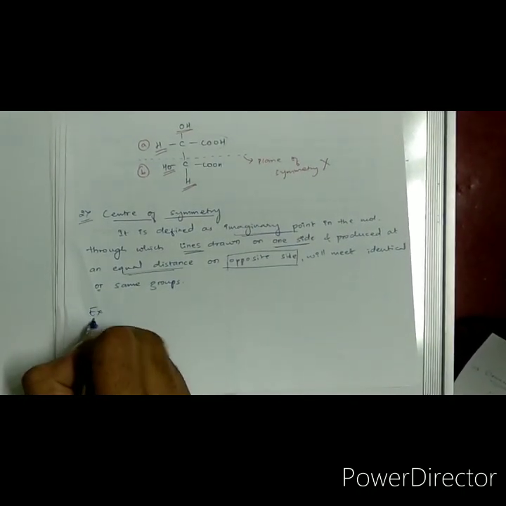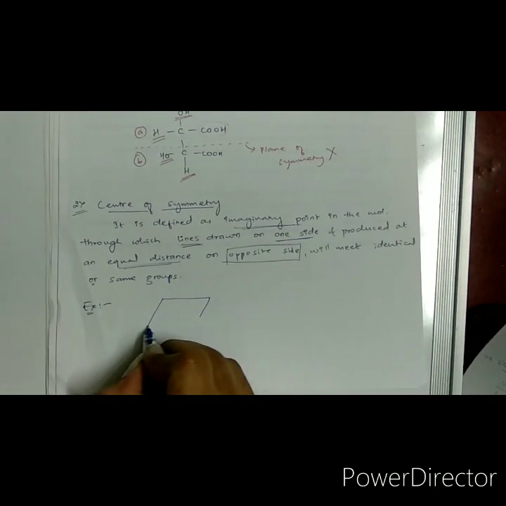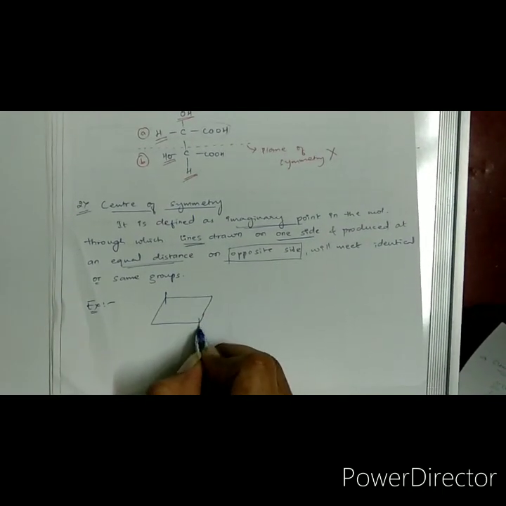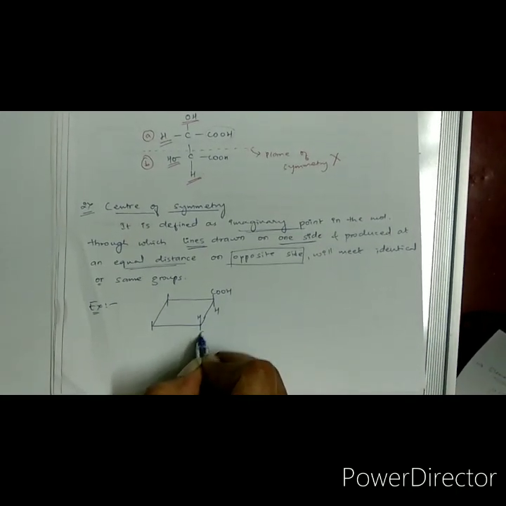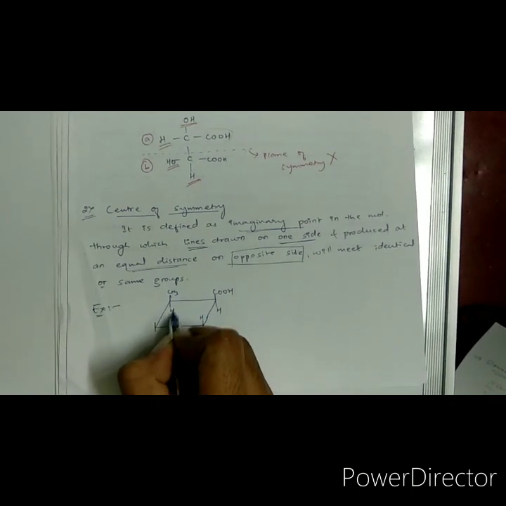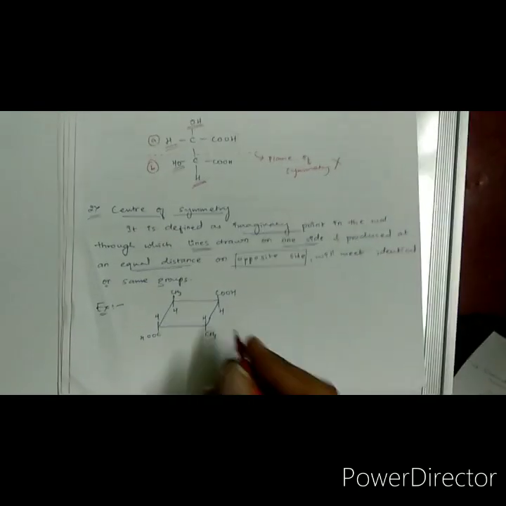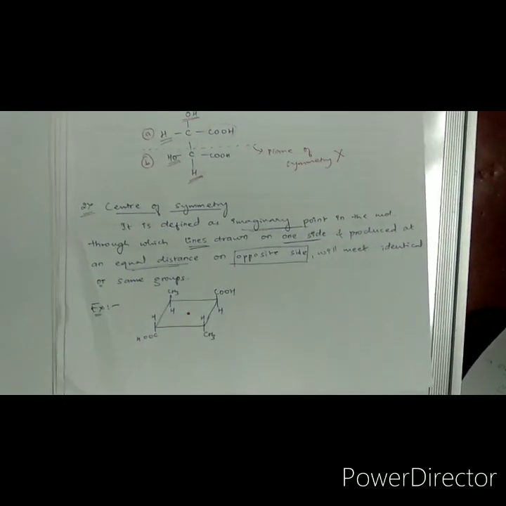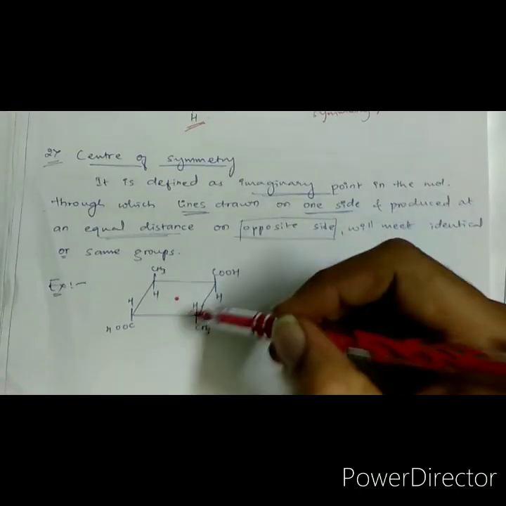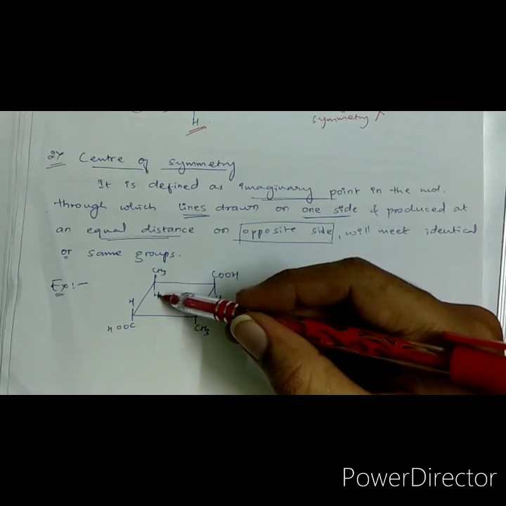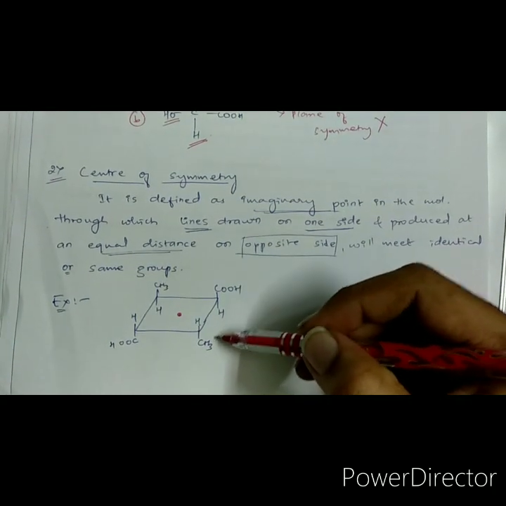So let us see an example of such a center of symmetry. This is cyclobutane, with H. If we assume that this is the center of the whole molecule, you can see here CH3, COOH, H and H, while on the below side it is H, CH3 and COOH.